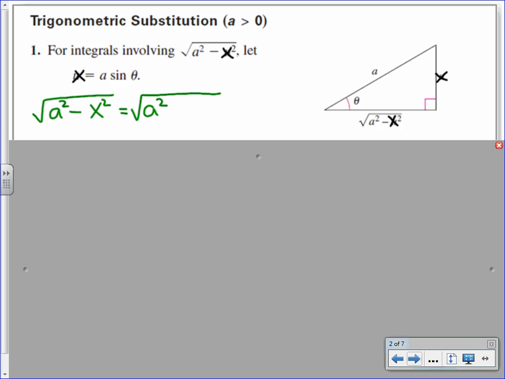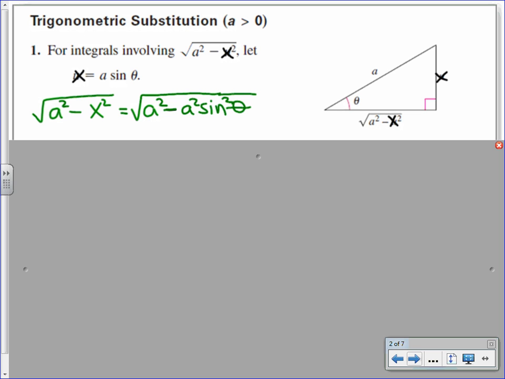The book does this because it doesn't necessarily have to be x squared. It could be 4x squared or whatever. But we'll just keep it simple for right now. So if x is a sine of theta, then x squared would be a squared sine squared theta.